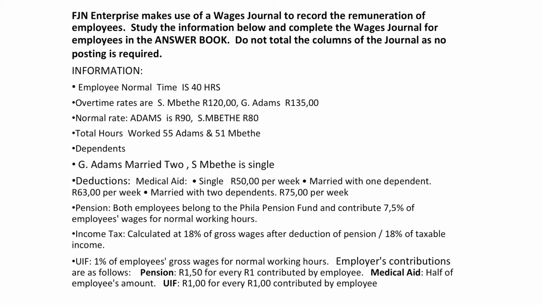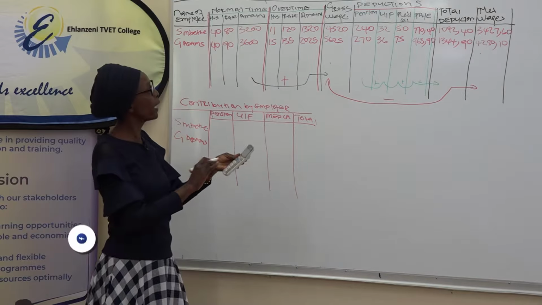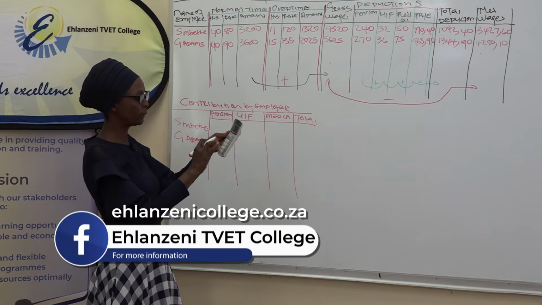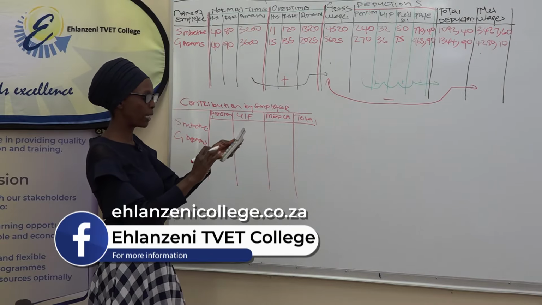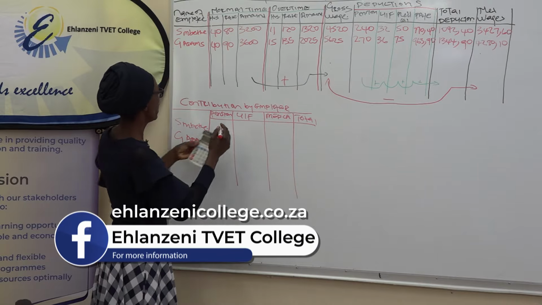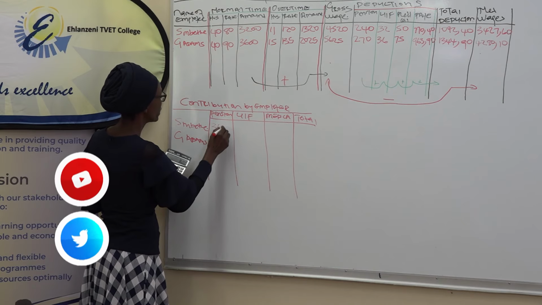In the case of the pension, they said the employer contributes 1 rand 50 to each and every rand contributed by the employee. You have to take the contribution by the employee and multiply by 1 rand 50. Okay, 240 times 1 rand 50 is 360 for the first employee.